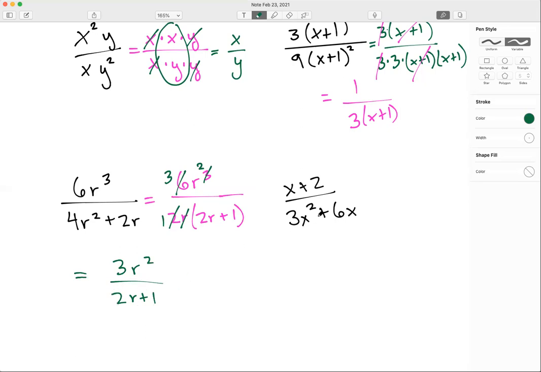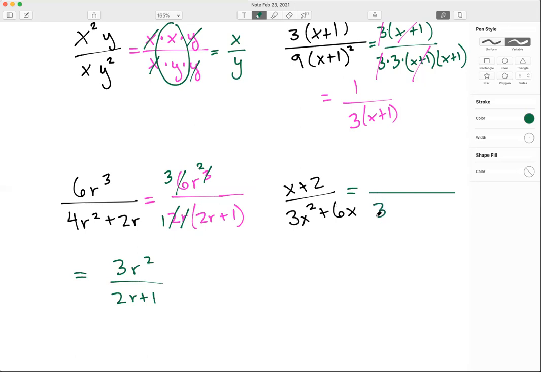All right. So we have a similar situation over here. So what we're going to do is we're going to rewrite the bottom. What you want to check is to see, can I pull out a GCF from the bottom here? Okay, and the answer is yes, I can. What is the GCF of 3x squared and 6x? Well, I can pull out a 3 from here because 3 goes into this and 3 goes here.